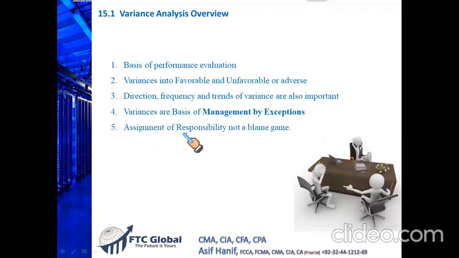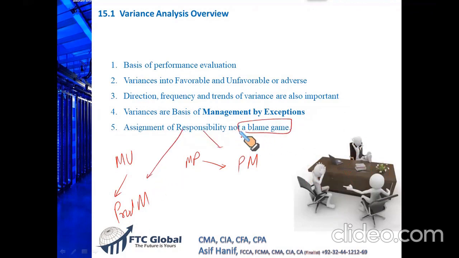So remember, variance analysis is just for the purpose of identifying who is responsible for what. Like the material price variance, it is the responsibility of the purchasing manager. Material usage variance, this is the responsibility of the production manager, right? So similarly, we would identify who is responsible for these variances. It is not a blame game.